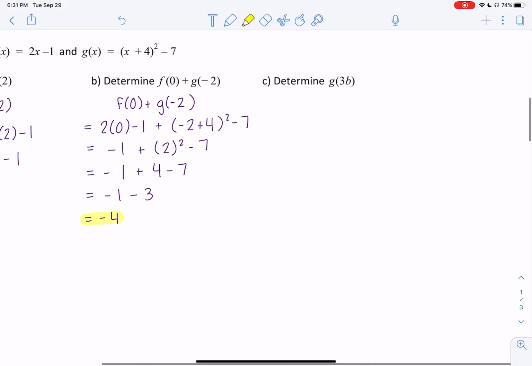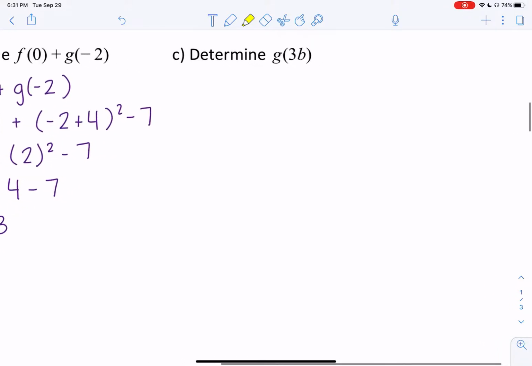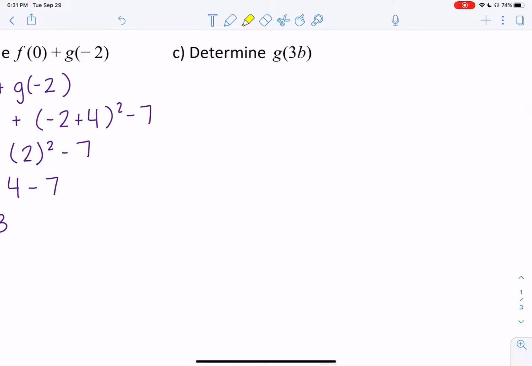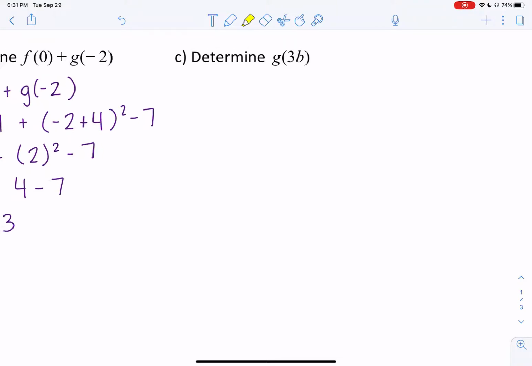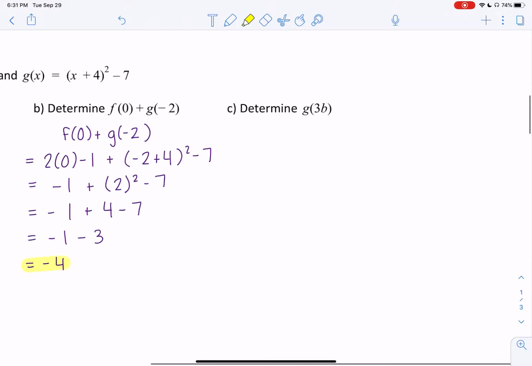Now let's try one that is a little bit different. So for example C, we're going to determine g at 3b. So just like we were doing before, wherever I have an x in my equation, I'm just going to write 3b this time. So g at 3b will be equal to 3b plus 4 all squared minus 7.